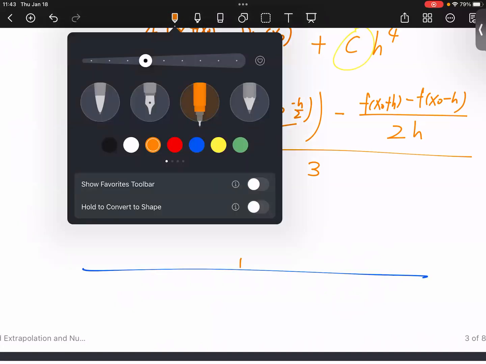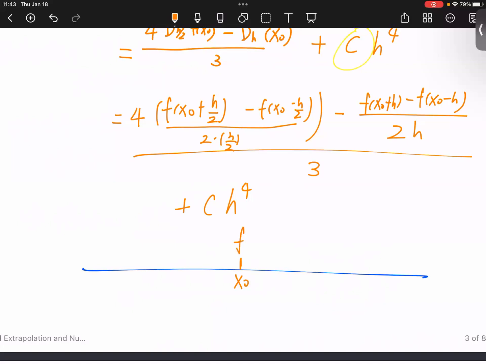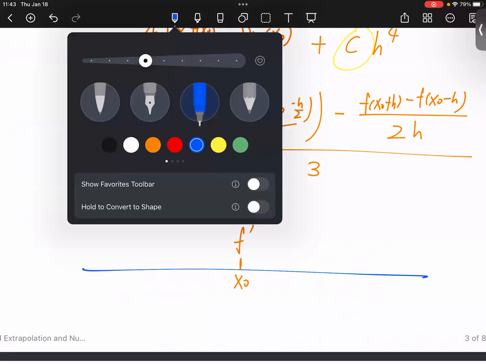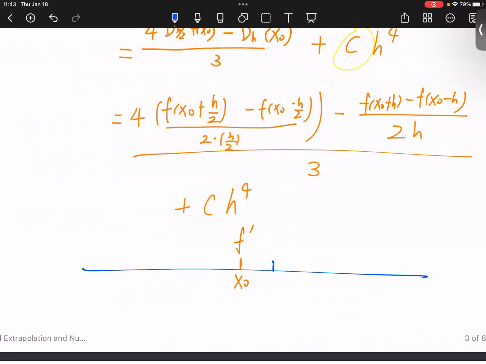If we have the x0 here, and we are going to approximate the first derivative at x0, then we make use of the data around it: the f function evaluated at x0 plus 1/2 h, the f function evaluated at x0 minus 1/2 h, and also the f function at x0 plus h and at x0 minus h.